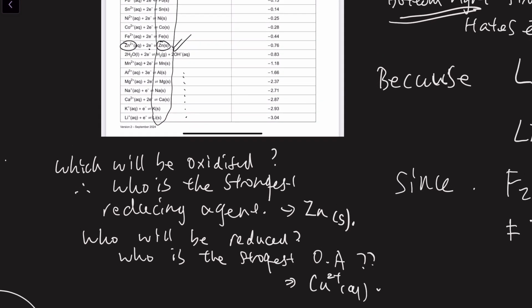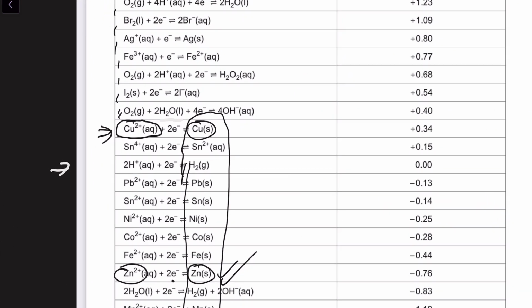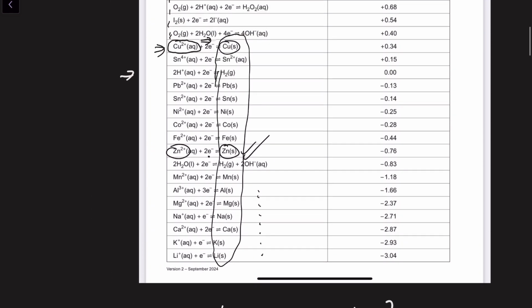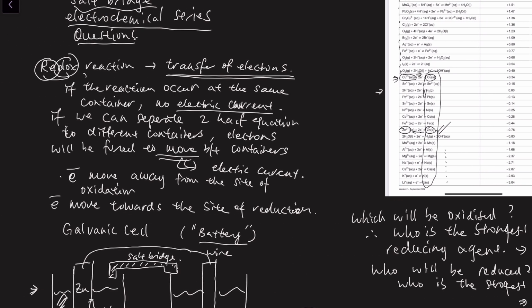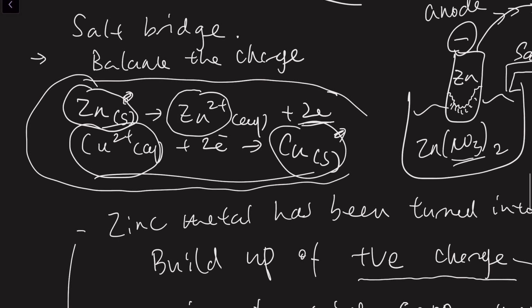So copper ion will be reduced. It goes in this direction. Zinc metal will be oxidized. It goes in this direction, which is exactly the same result as what I have told you. Zinc will be oxidized, copper will be reduced.